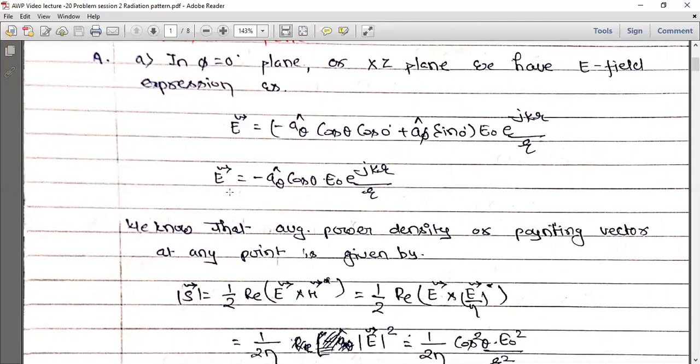Okay, so power crossing through a unit area is known as power density. Since these are phasors and it's a harmonic wave, what we are interested in is not the power density, rather it is the average power density. The average power density in case of harmonic fields or electromagnetic waves is known as the Poynting vector.